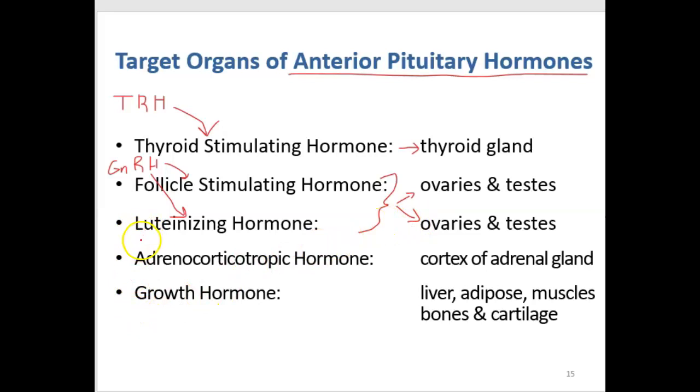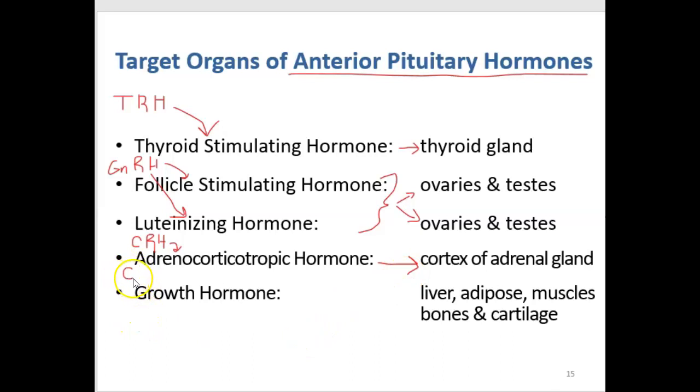Then we had corticotropin releasing hormone from the hypothalamus, which caused the anterior pituitary to release ACTH, adrenocorticotropic hormone, and that acts on the cortex of the adrenal gland.